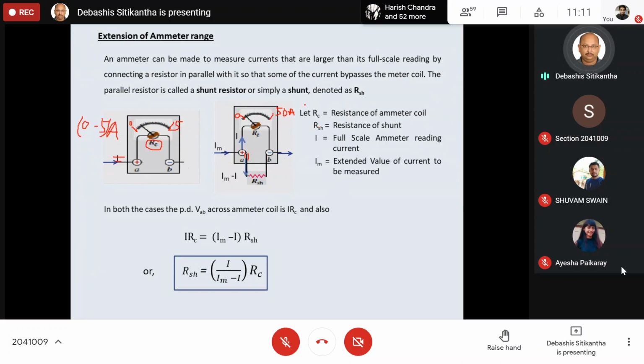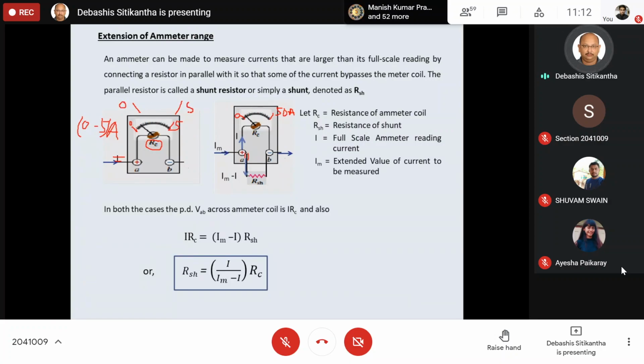Now let us say that RC is the resistance of the ammeter coil, and let us say RSH is the resistance of the shunt that we are going to connect in parallel across this ammeter coil. Let us say that I, capital I, is equal to the full scale ammeter reading current. What does that mean? Before the modification, the full scale of this ammeter was from 0 to 5 ampere.